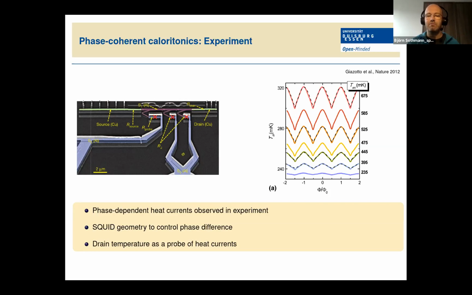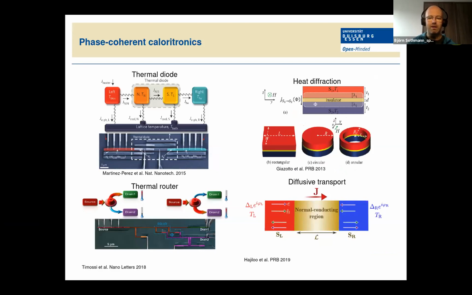And so after this first experiment, this field of phase coherent caloritronics really took off, and there have been many works in the past years. I've here just put some papers to give you an idea and a feeling of what has been done. So there are some efforts to really come up with caloritronic devices like a thermal diode that allows heat to flow, say, from left to right, but blocks heat flow in the opposite direction.